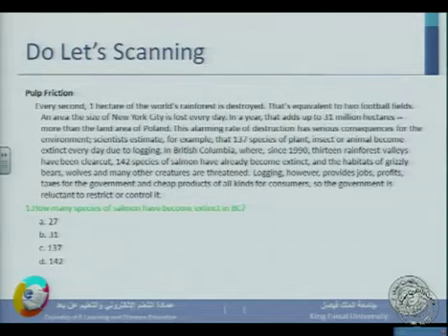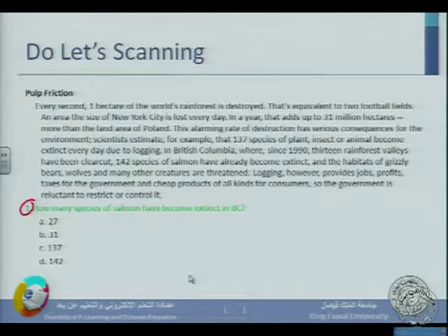Let's apply scanning to this example. Without reading, let's just look at the question. The question is, how many species of salmon have become extinct in BC? The answers here are numbers. Shall I read the whole passage?